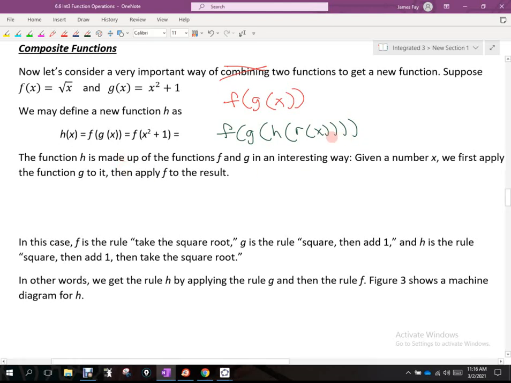Basically what's going to happen here, and I'm going to go back up to this red one, but G, because it's stuck to x, is our innermost function. So we're going to look at what G is. G is x squared plus 1. Does that make sense? So G of x is the same, because equal sign means is, or is the same as.